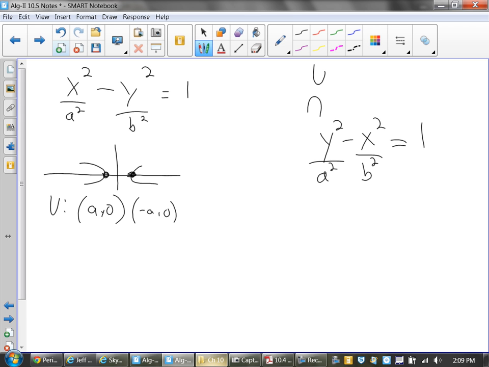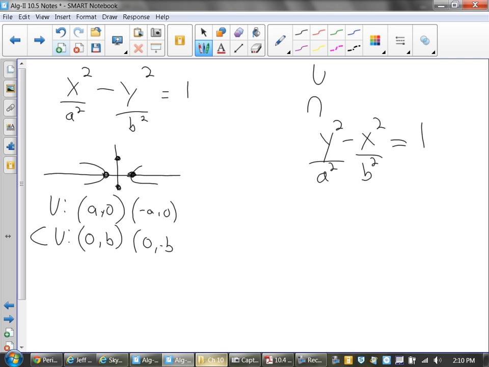There really isn't technically what you call a co-vertex for these, but I still call it that because, in order to figure out where our asymptotes go, we're going to plot a rectangle. And in order to do that, we use the co-vertex, 0, b, 0, negative b. So for example, it'll look like a dot up here and a dot down here.